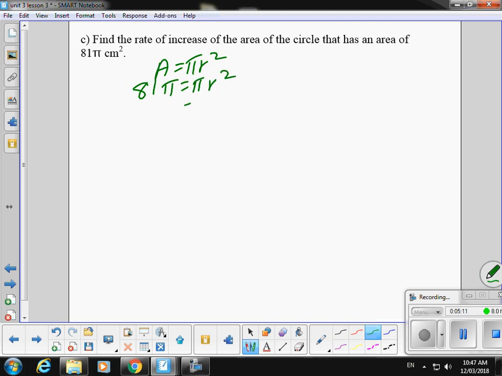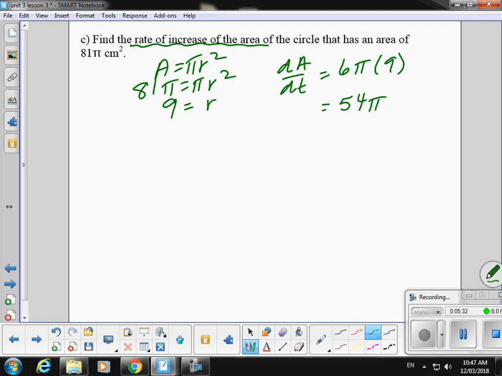That happens when r is 9. Negative 9 doesn't need to be considered because it doesn't make sense. So at that moment, dA/dt equals 6 pi times the radius at that moment, which is 54 pi centimeters squared per second.